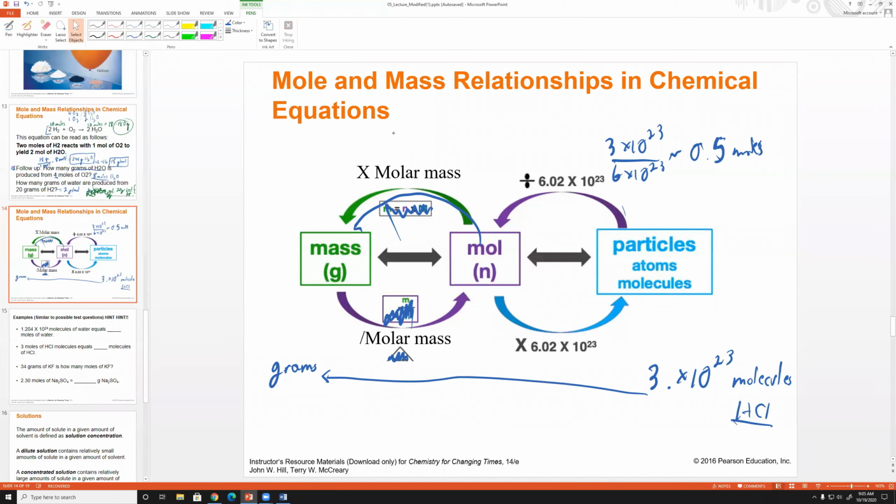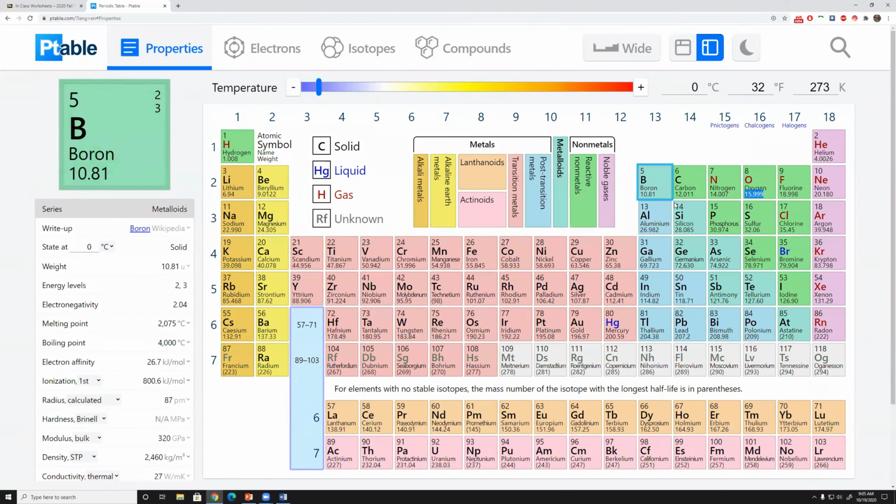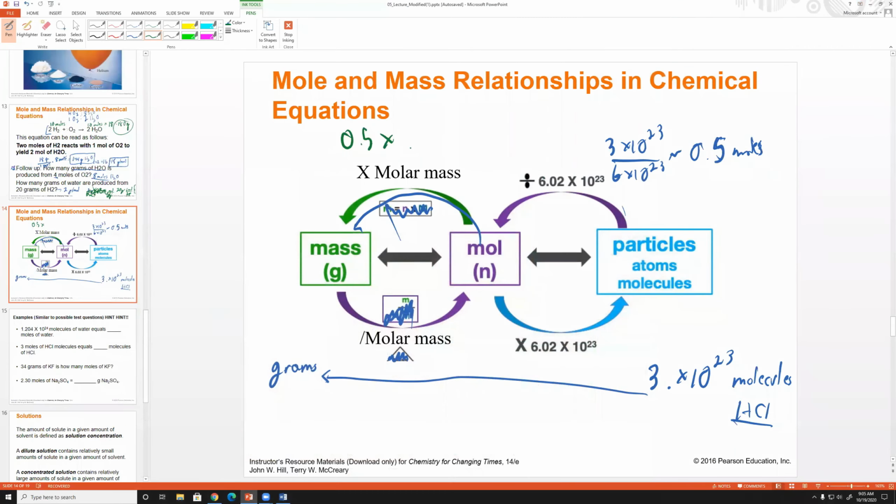So we're taking that 0.5 moles and multiplying it by the molar mass of HCl. We can go back to our table. Hydrogen is 1. Cl is 35.45. So we're doing 0.5 times 35.45. No, it's 36.45, because the hydrogen is 1.